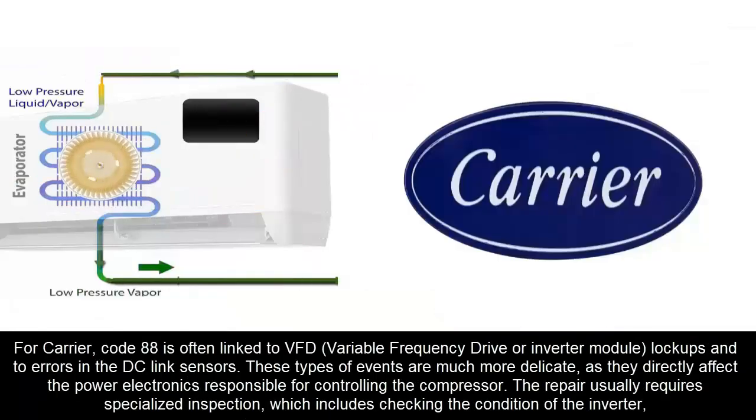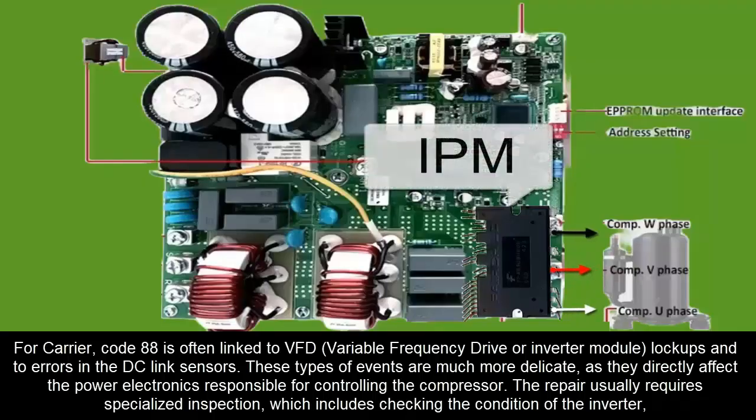For Carrier, code 88 is often linked to VFD, or variable frequency drive, or inverter module lockups and to errors in the DC link sensors. These types of events are much more delicate as they directly affect the power electronics responsible for controlling the compressor.